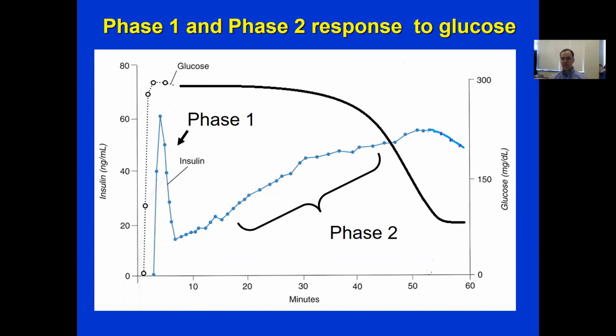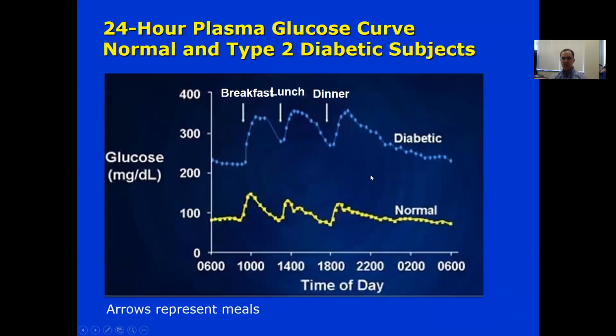So if you think back to a previous slide that we talked about, the 24-hour plasma glucose, you notice again in a healthy individual, you have these sharp spikes of glucose before coming down. Well, they have both phase 1 and phase 2 active. However, in a type 2 diabetic, it's lost that bolus, that phase 1. So it takes a while for insulin levels to build up in the blood.